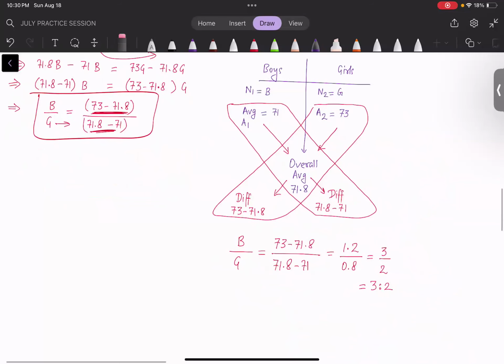Whatever we have done on the right side, take the difference, and write boys by girls ratio. What is this method called? My dear, this is called the rule of allegations.